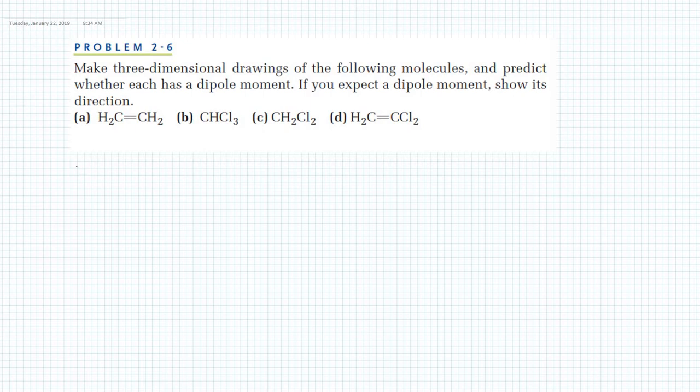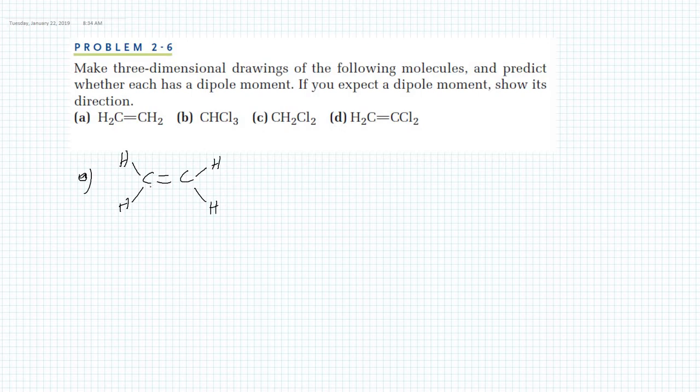In option A, we have a molecule having a double bond, and it is a known molecule basically to you. It is ethylene. We have a carbon-carbon double bond, and we have two hydrogens on this side of the molecule, and we have another two hydrogens attached to the other carbon.